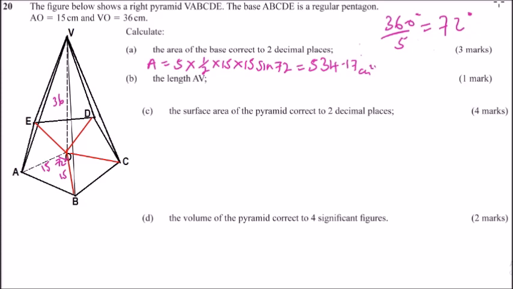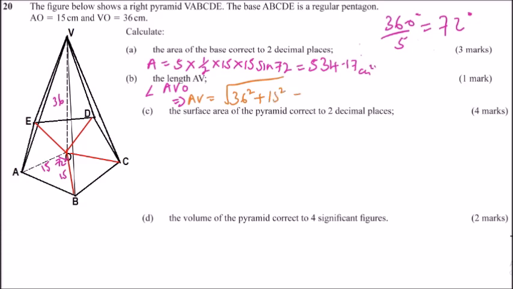Part B, we are told to calculate the length AV. AV is a slanting side, and if you look at triangle AVO, it is a right angle triangle. So we can use the Pythagoras theorem. This implies that AV is equal to the square root of the vertical side, 36 squared, plus 15 squared.